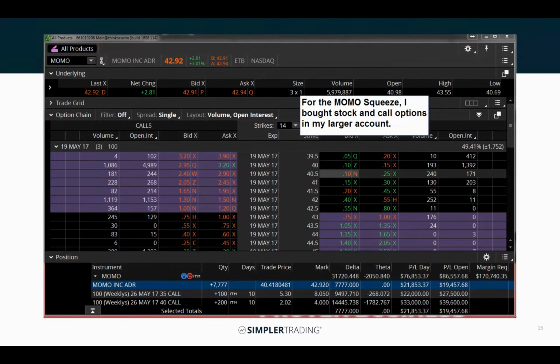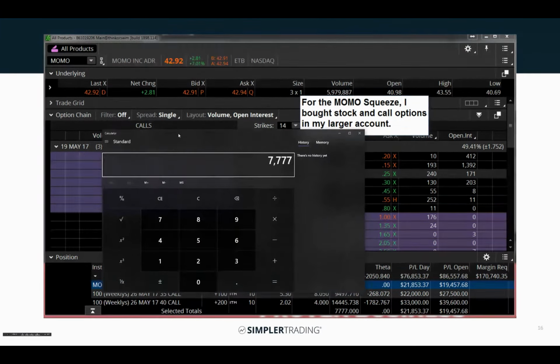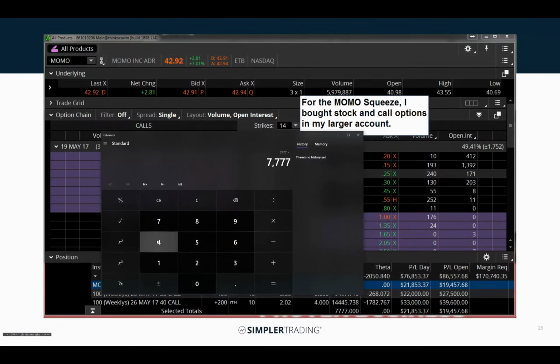If you do the math on that, what is that going to cost you? Let's see, 7,000 times $40, well, $42.92. So that means you need to have $334,000 in your account to do that trade. It's like, oh my God, that's a lot of money.